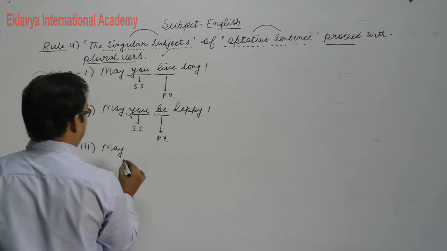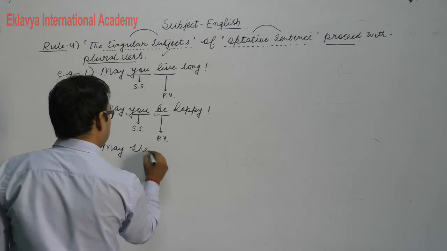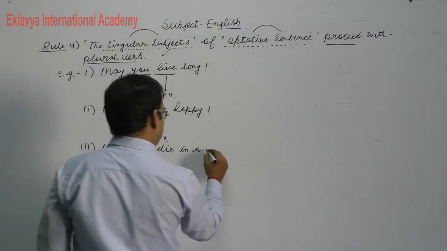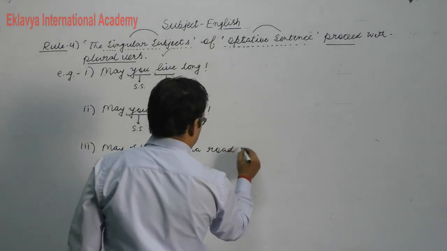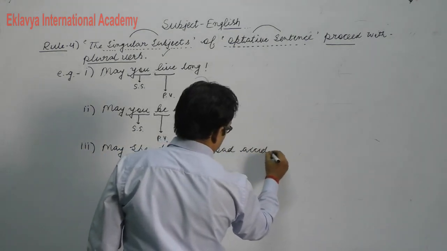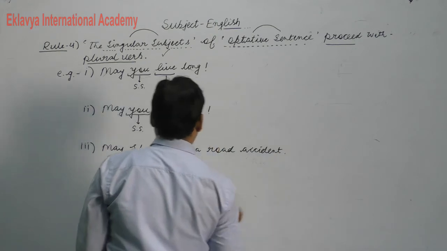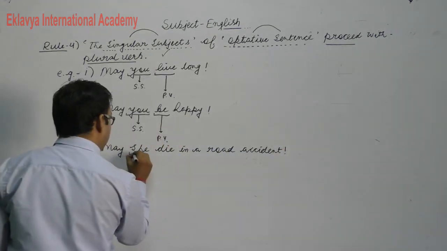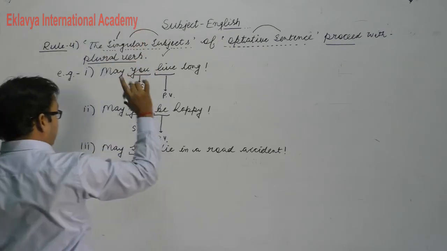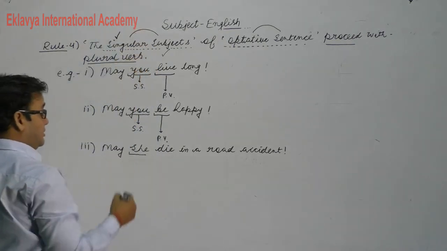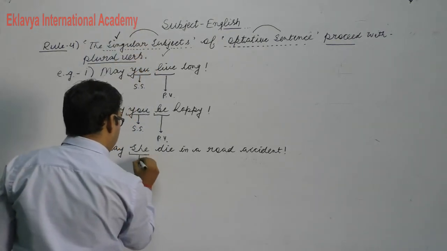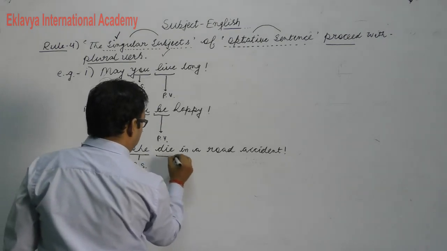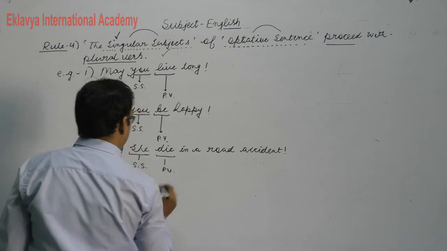May she die in a road accident. She. The rule speaks about singular subject, students. Only the rule speaks about singular subject. Singular subject, and here we have plural verb. Okay, students.